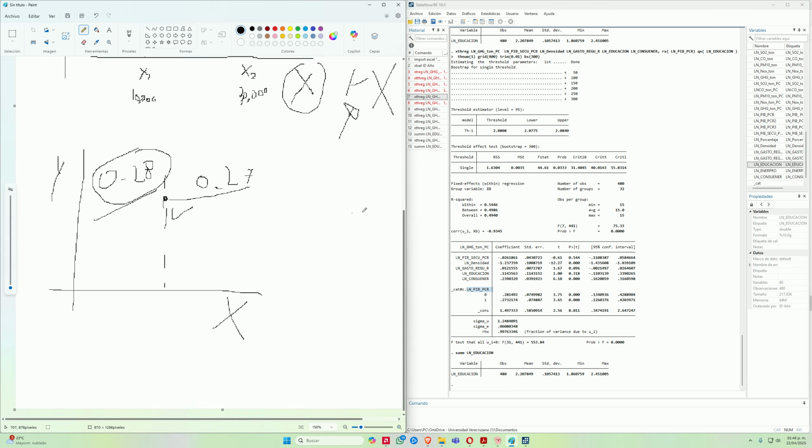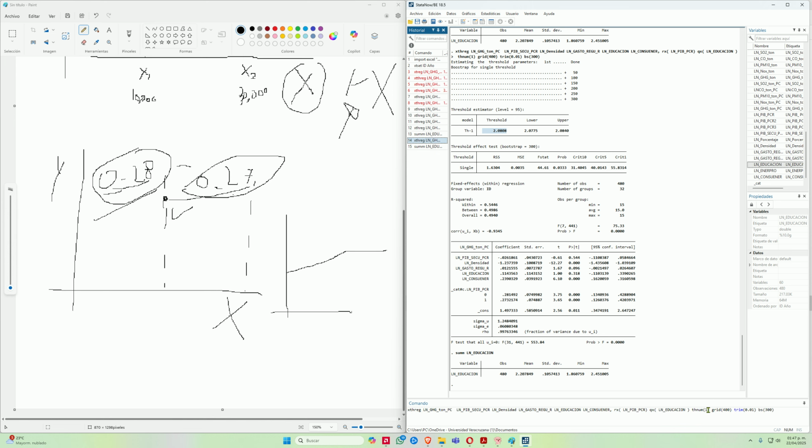After this value, the pollution is still increasing, but less than before. So in the long run, it's increasing but slowly. And here we have all of the coefficients, interpreted like linear regressions. Before this point, the value is this. After this point, the value is here.